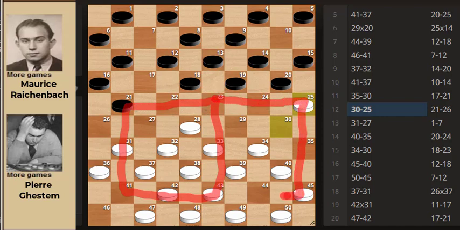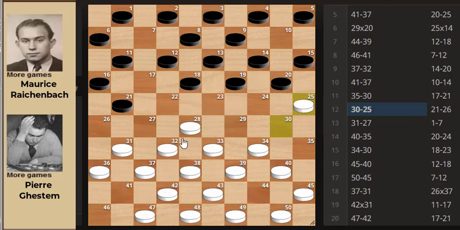You can see that we can also take the vertex of the square over here. As Morris played 17-21, he also took the 25 position. So 25 can be played. We can also move from 40 to 35.